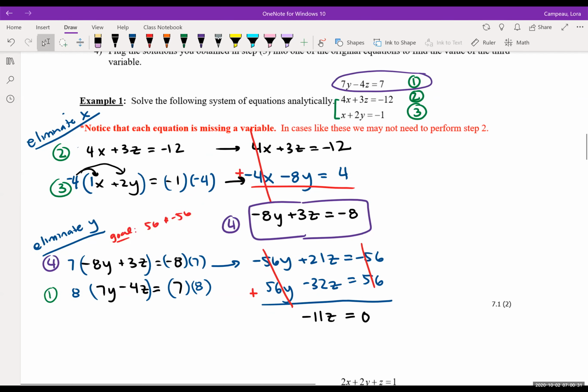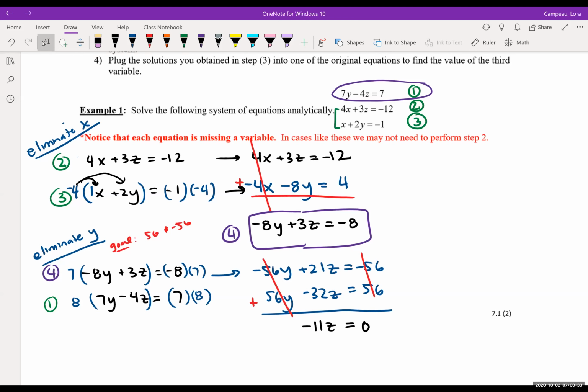So with this particular system, we now want to tie up all the loose ends. Now that we have one equation in one variable, if we divide both sides by negative 11, we can get our z value. z is going to equal 0. And what you can do is plug z equals 0 back into one of the original equations from when you eliminated y. So maybe I'll take this original equation before I multiplied it by 8.